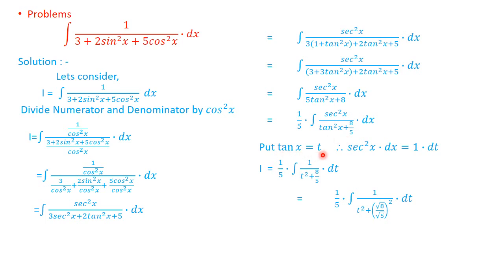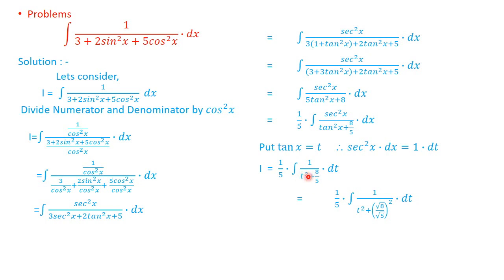Put tan x equal to t. Now differentiate it. Derivative of tan x is sec square x into dx and is equal to 1 dt. 1 by 5 is already there. After substitution, sec square x dx is equal to dt, tan square is t square, and 8 by 5 as it is. Again it is a term in the form.